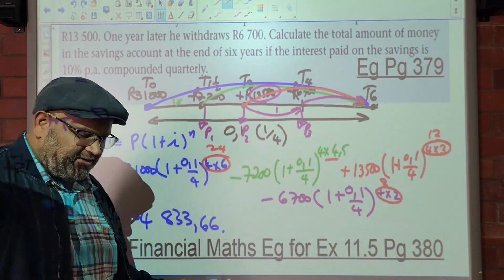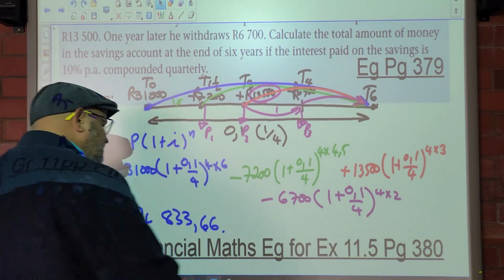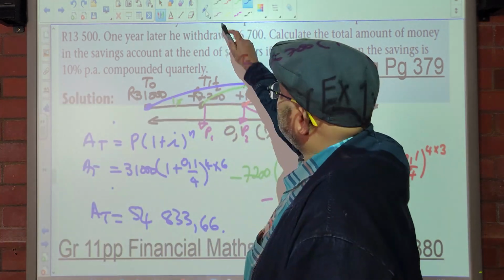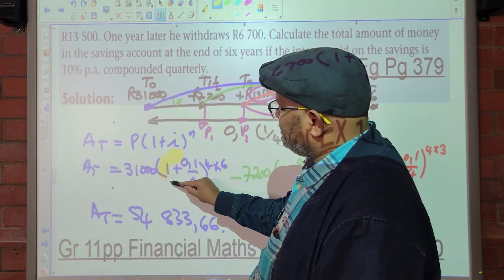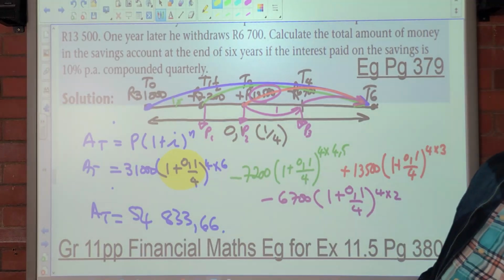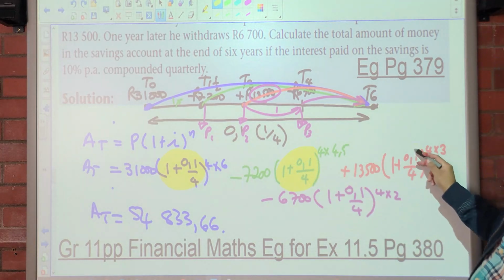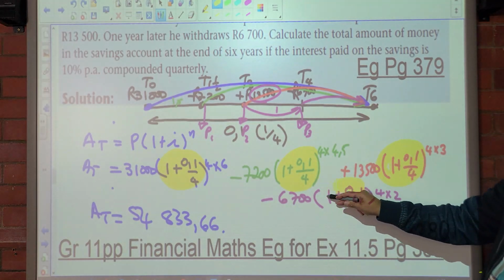Or, another way I could have done it: what you notice here is that the interest rate gets repeated all the time. Not so? And what is the interest factor here? The interest factor is 1 plus 0.1 over 4. Can you see that? There it is again repeated, and again repeated.